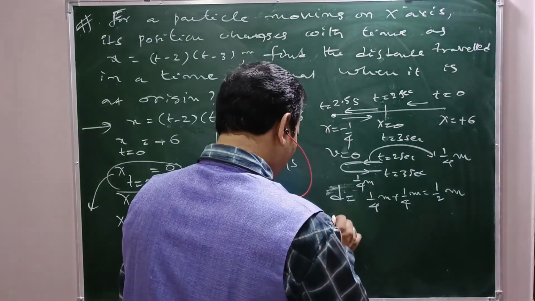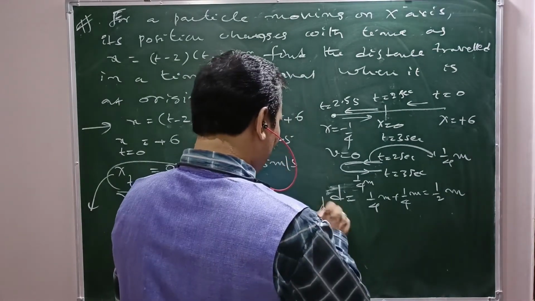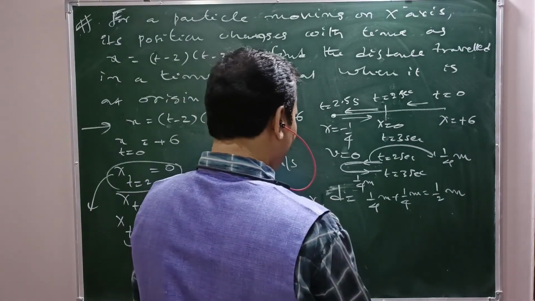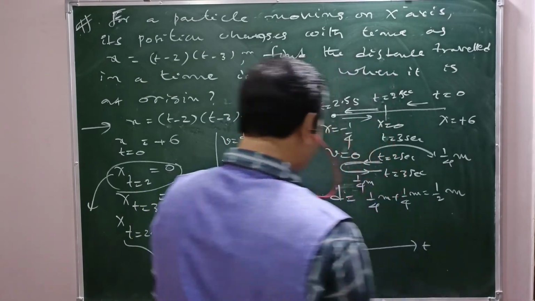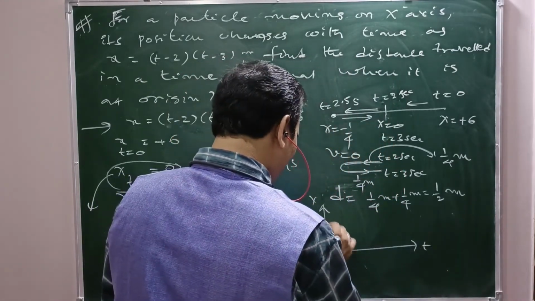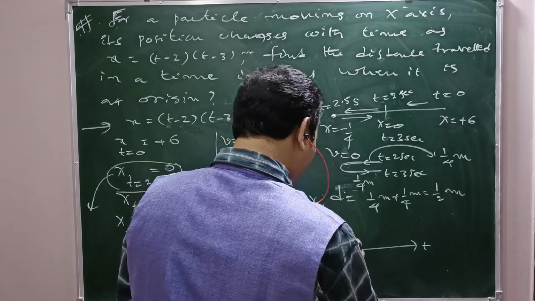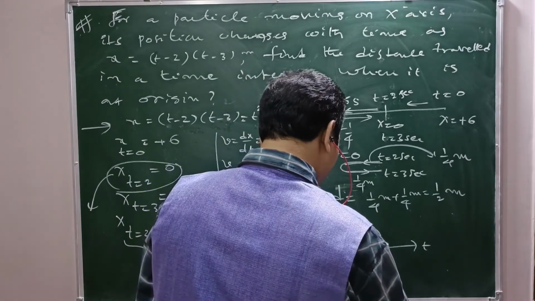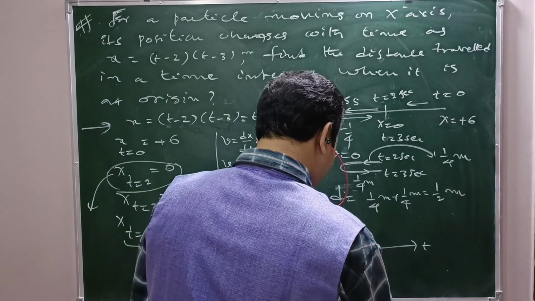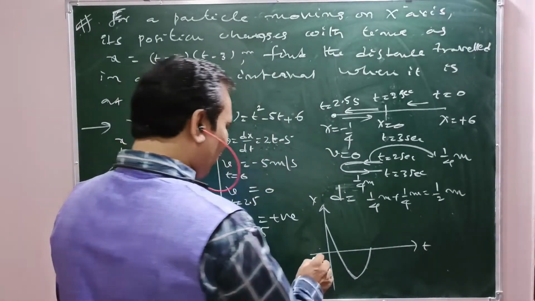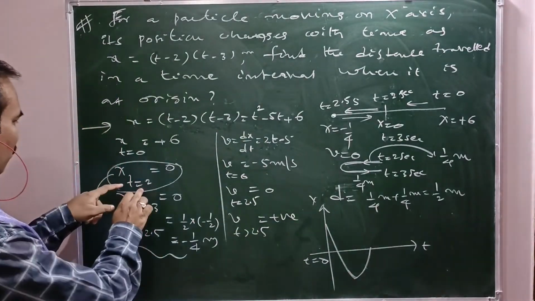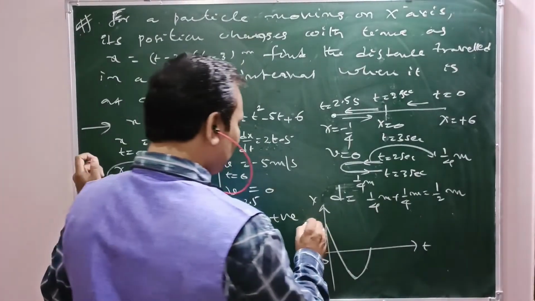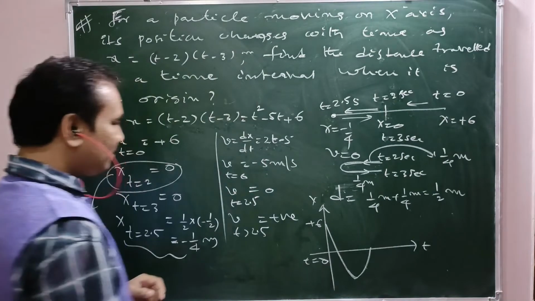See, this is the x, and this is time. X versus time. The graph is like that. See, at t equal to 0, what is the position of the particle? Plus 6. At t equal to 0, position is plus 6 meters, right?